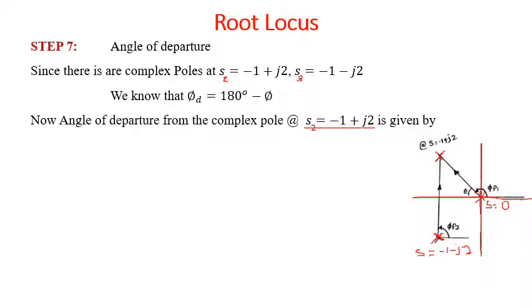This straight line has to meet this fixed pole. We have to draw from here like this, and next draw from here like this. Then we need to measure this angle, that is angle phi p1, and measure this angle phi p2.